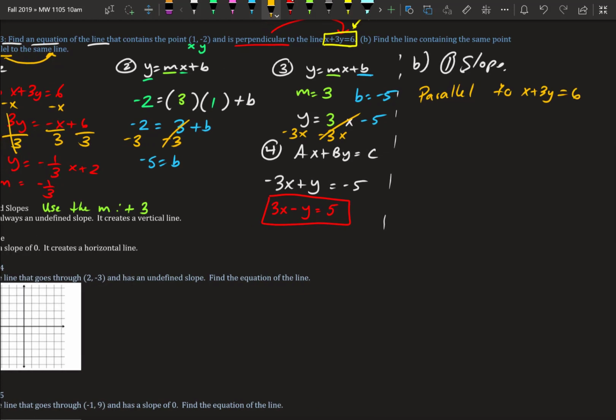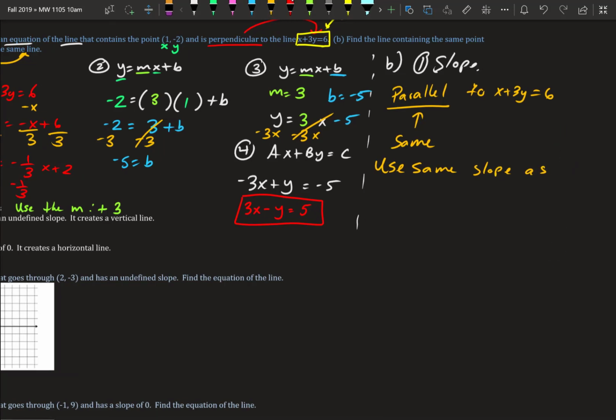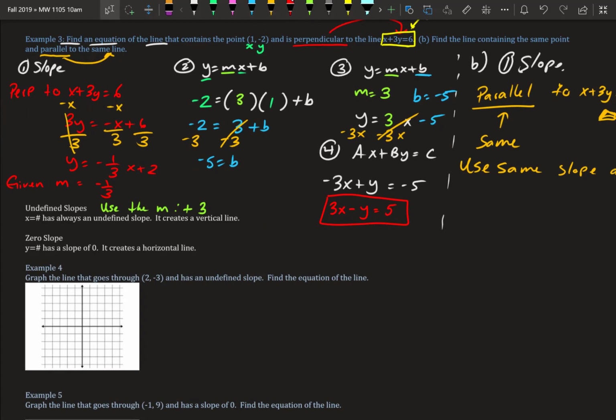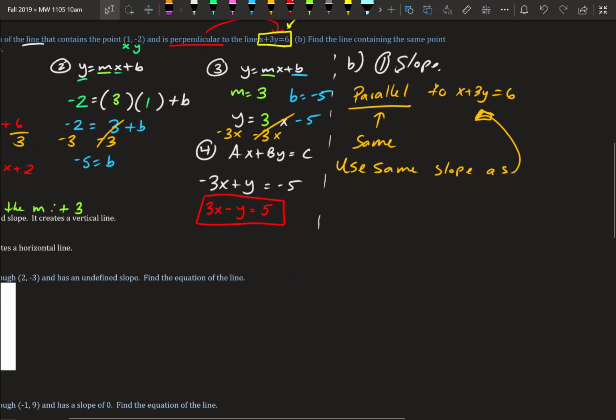So remember, parallel means same. So we're going to use the same slope that's here. And we found it. The slope that we found was negative 1/3. So we're going to use negative 1/3. That's the slope we're going to use.